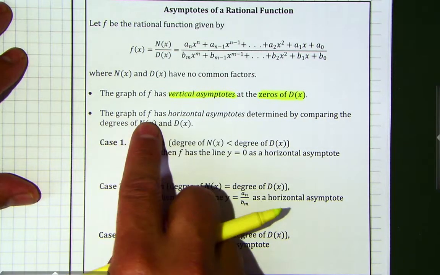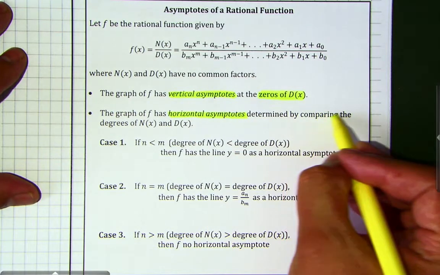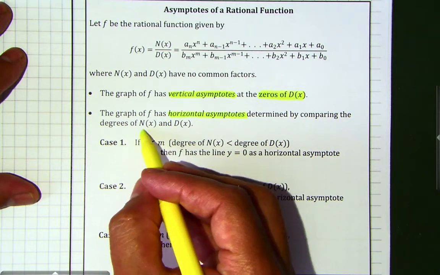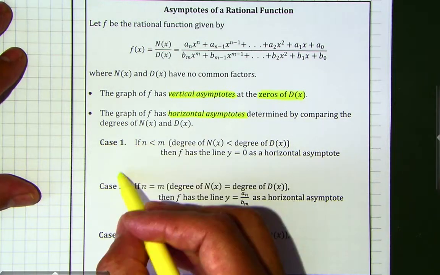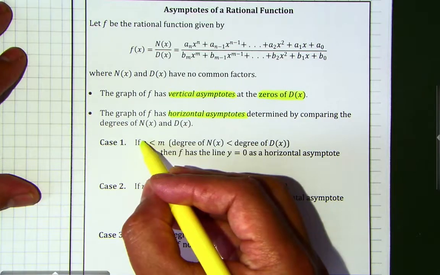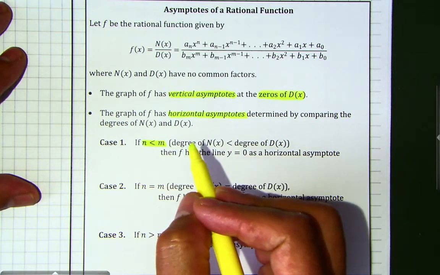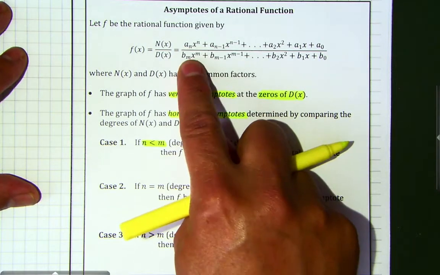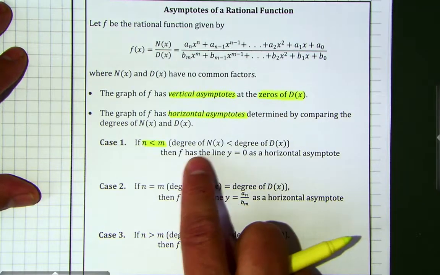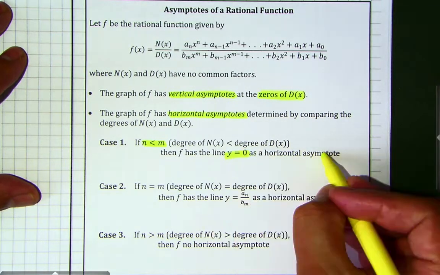The graph of f has horizontal asymptotes determined by comparing the degrees of the numerator and denominator. And we have three cases. If the degree of your numerator is smaller than your denominator, then f has the line y equal to 0 as a horizontal asymptote.